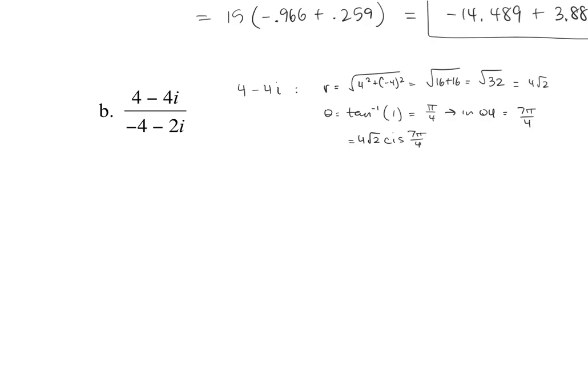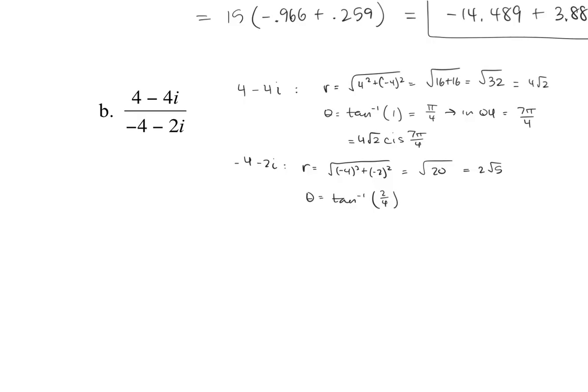Now, negative 4 minus 2i, when you find the modulus, this is the square root of 16 plus 4, it's the square root of 20, and that's 2 square roots of 5. For the argument, do the inverse tangent of 2 divided by 4.